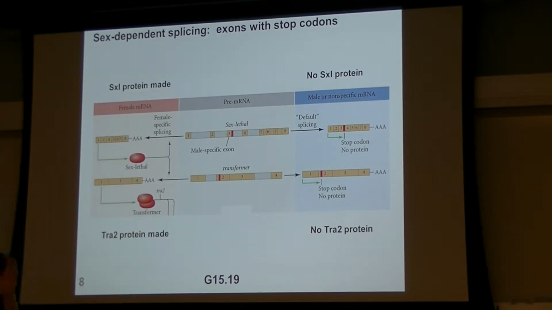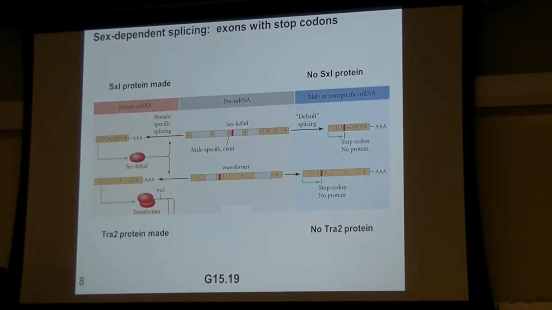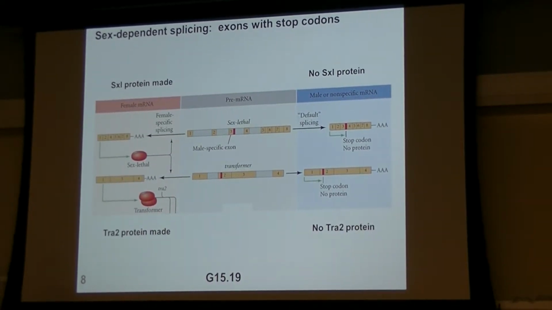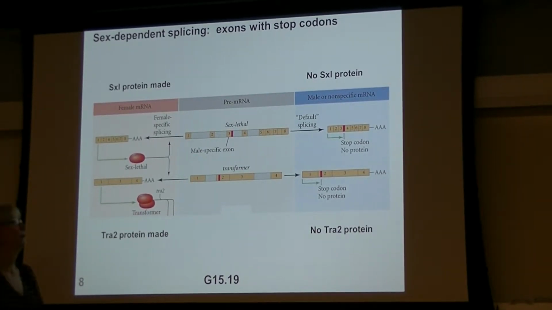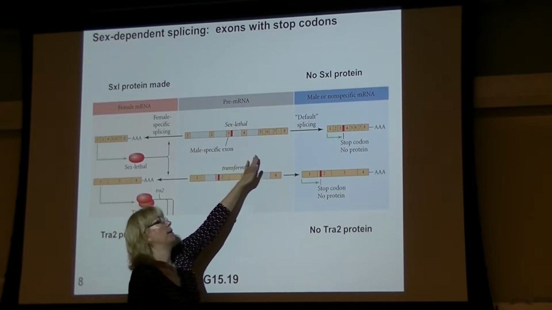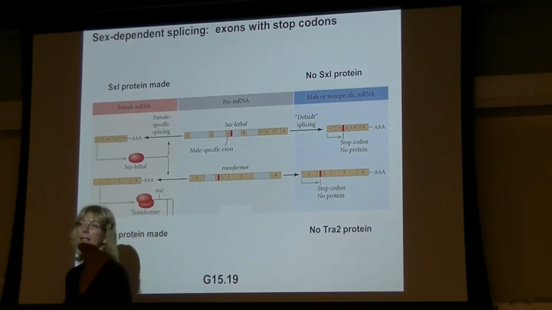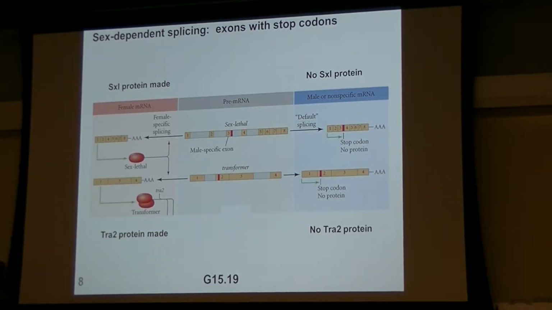This is a long RNA that includes both introns and exons, and then we have to splice this RNA and make our final mRNA. And one of the things you'll see happening a lot in sex determination genes for Drosophila is they have alternative splicing. So we have here in the pre-mRNA 8 exons, including exon 3, which has a stop codon right in the middle of it.